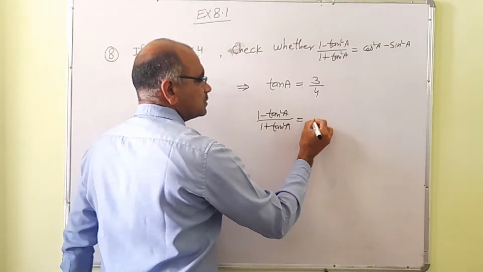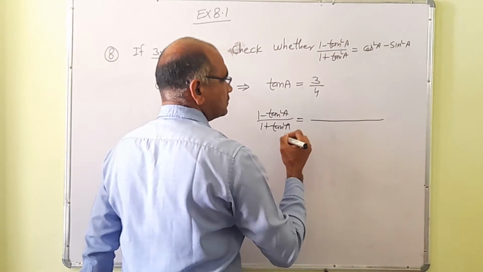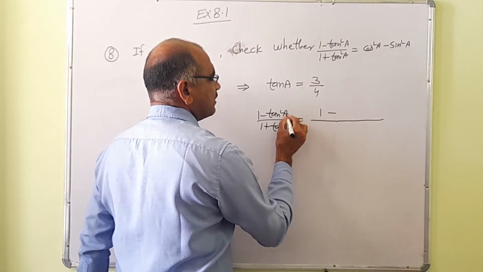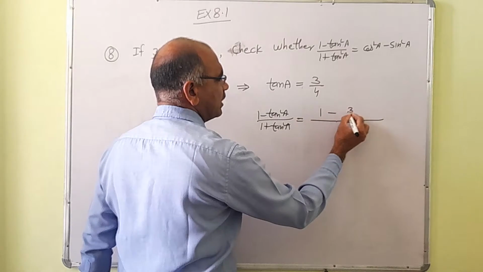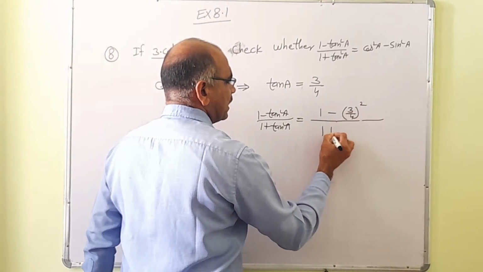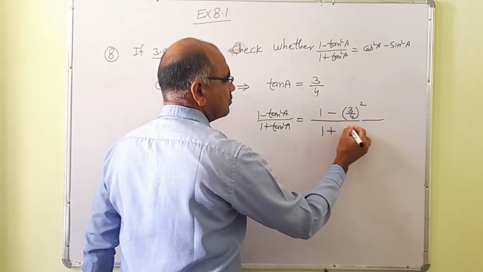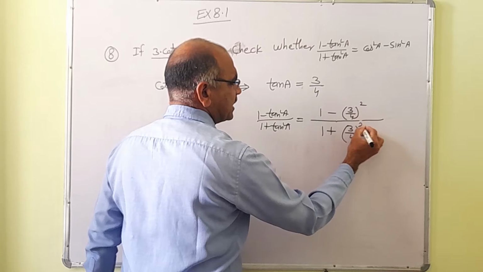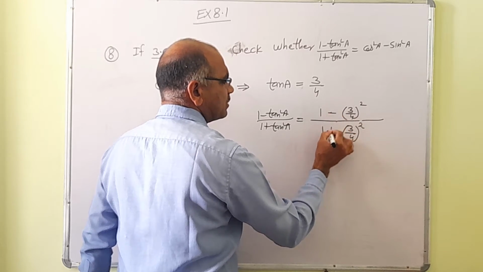Yes. This is our divider line. 1 minus. What is the value of tan? Value of tan is 3 upon 4. And value of tan again. There is no difference between lower and upper side, but other than sign.